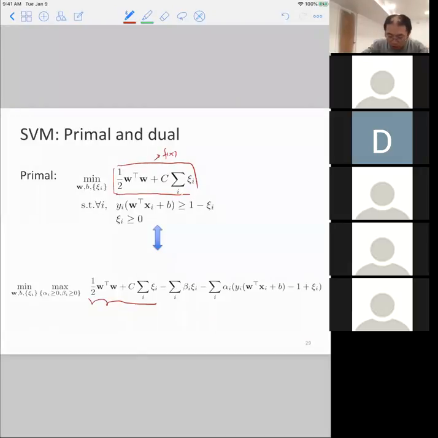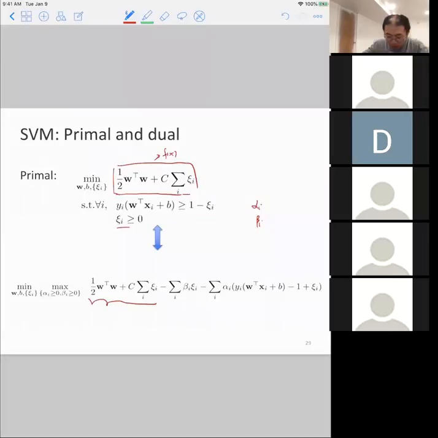For the constraint related to the function margin, we introduce alpha i. For the constraint of the non-negative slack variables, we introduce beta i. Then we do the weighted summation of those constraints, weighted by those Lagrange multipliers, and add them into this objective function to construct our Lagrange form.